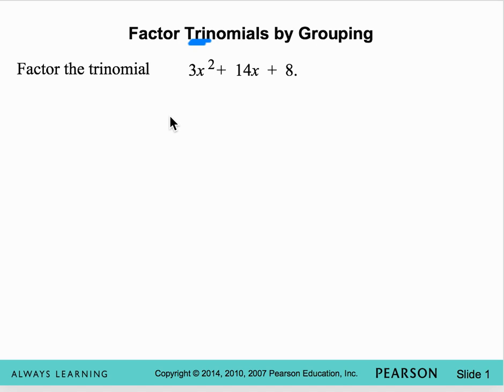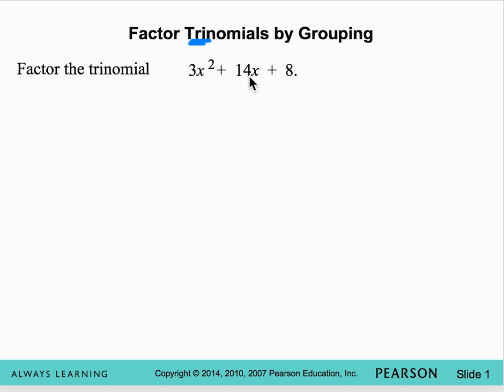So our method is, first of all, I got to make sure it's in the right format if it has 3 terms. So I can have variables on both ends, but if I do, they have to have an exponent of 2. And then whatever variables I have, there has to be a matching one in the middle.